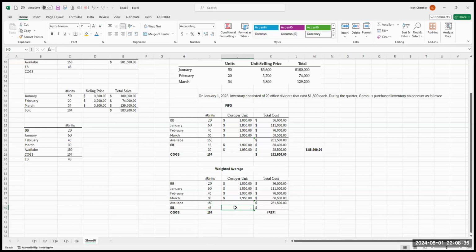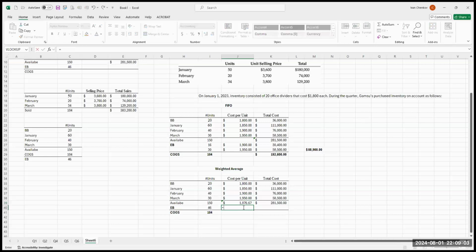Now at this point, I'm asking myself, how much is the average cost of the available units that I have? I have 150 units, with a total cost of 281,500. So the average cost of every single one of those units is the total cost divided by the total number of units. And this is the number that I'm getting.